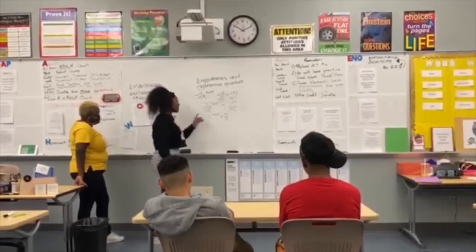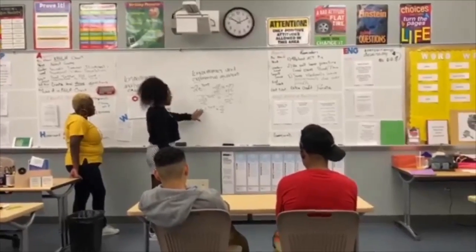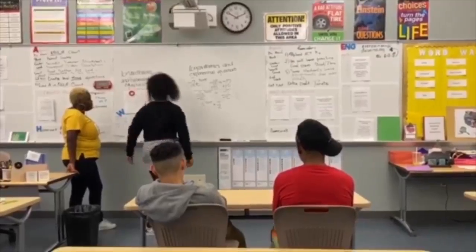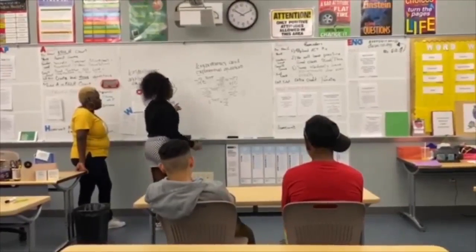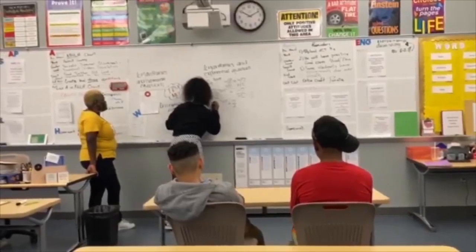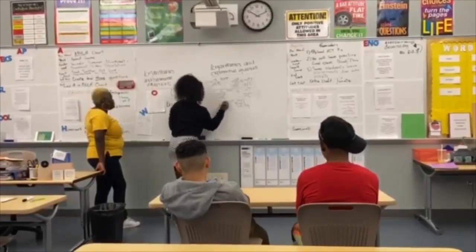Now you are going to try to cancel out e by doing the natural log, which is ln. You'll do ln on both sides, and it cancels the e out.